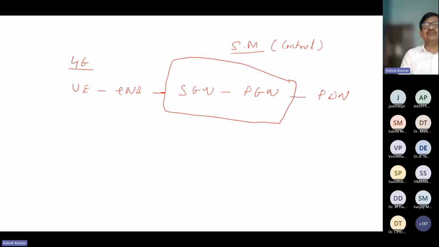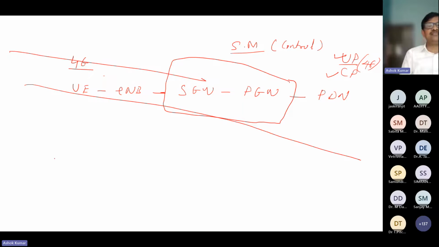So there was no separation of user plane and control plane in 4G. You got my point? In 4G, we didn't have a clear user plane and control plane separation. But in 5G, it is distinct.